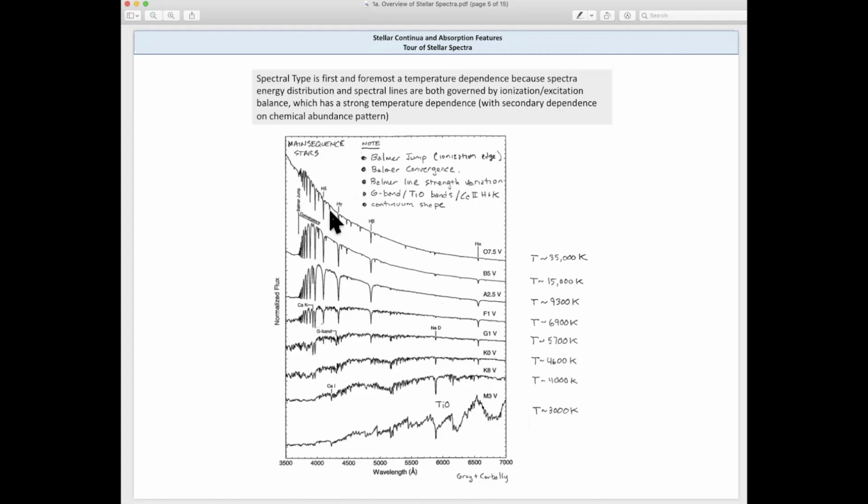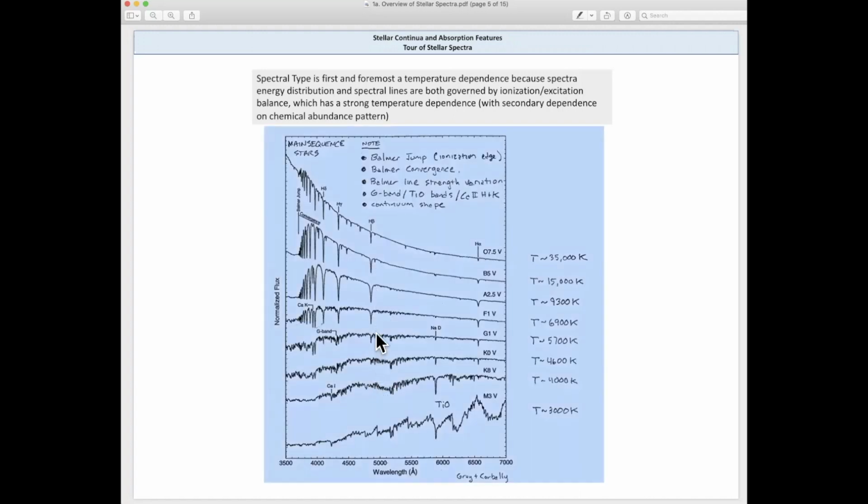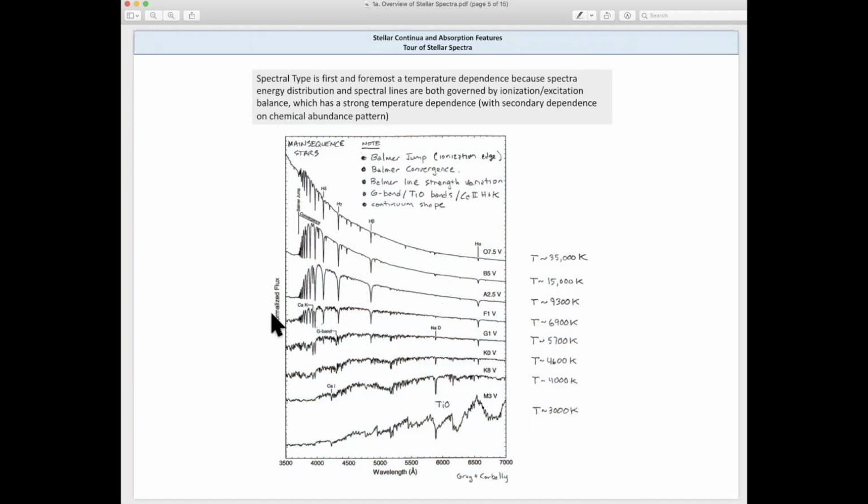You'll notice the Balmer lines go from pretty strong, stronger, strongest, a little weaker, weaker, disappear. Again, that's related to the number of Balmer hydrogens available in the atmosphere. Apparently those tend to peak around 10,000 degrees, but it's not strictly because of the balance of excitation and ionization. There's a little more going on.